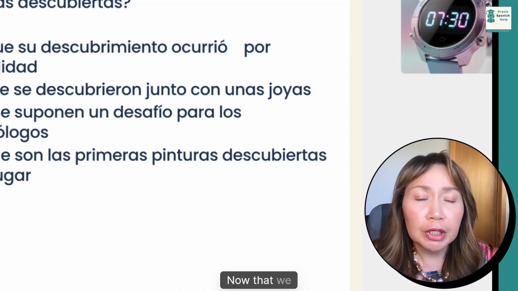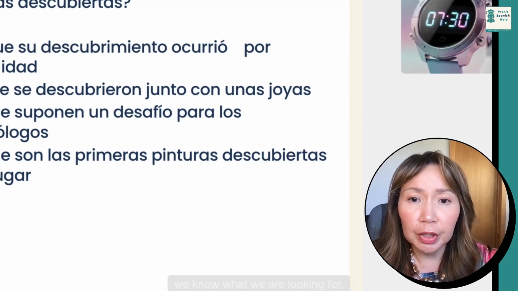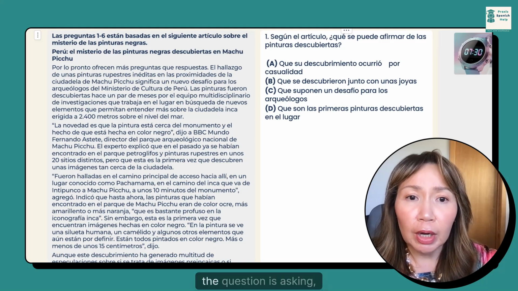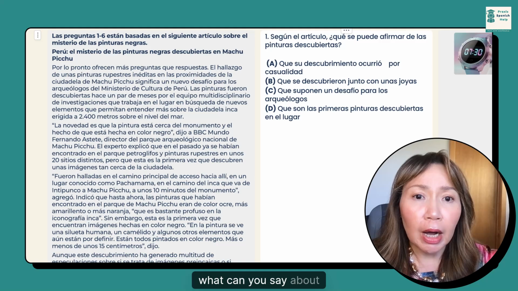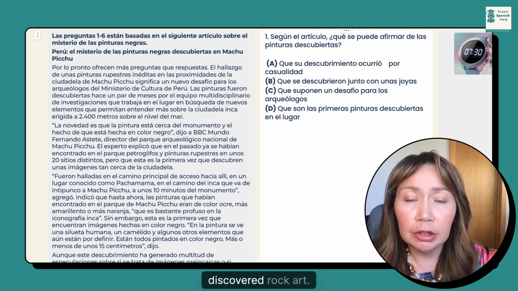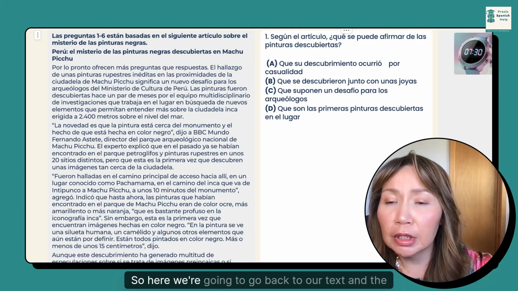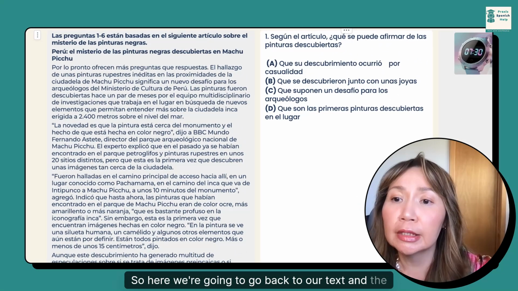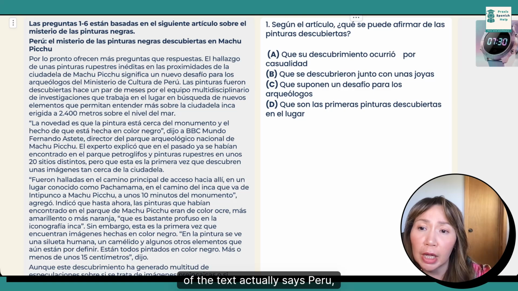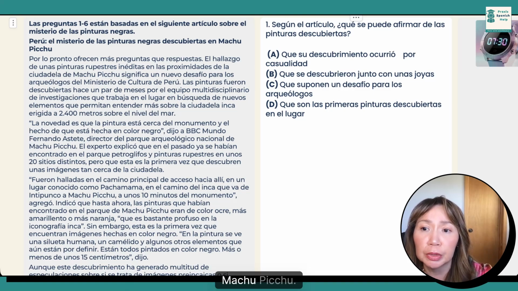So now that we read the question, we know what we are looking for. The question is asking, based on the article, what can you say about the discovered rock art? So here we're going to go back to our text, and the title actually says Perú, el misterio de las pinturas negras descubiertas en Machu Picchu.